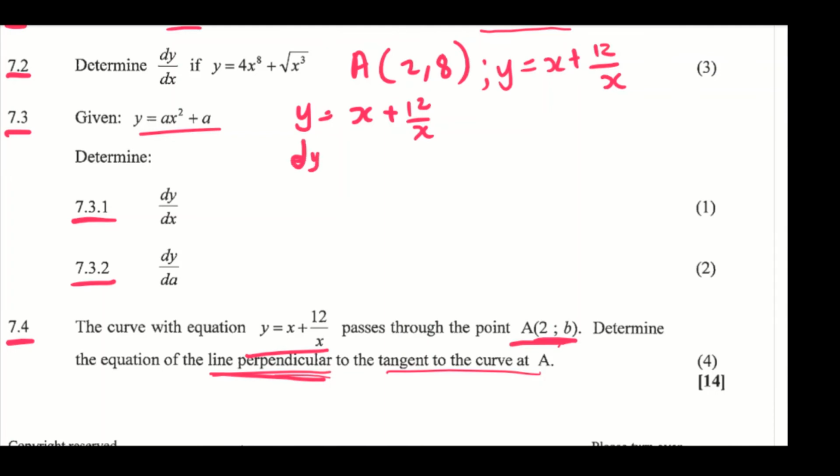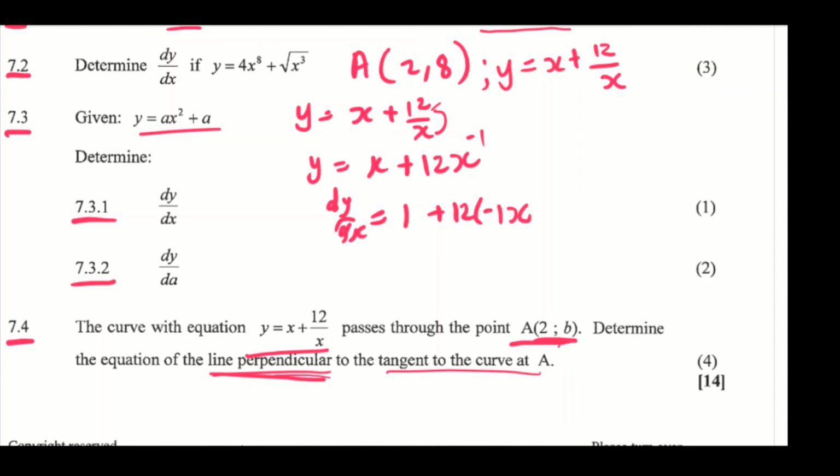So d of y over d of x, but before we derive, let's take this x at the top. So it's going to be y is equals to x plus 12 x to the power of minus 1. So d of y over d of x is equals to 1 plus, so we drop the 1, it's going to be 12 into minus 1 x to the power of minus 1, like that. So d of y over d of x is equals to 1 minus 12 x to the power of minus 2, like that.